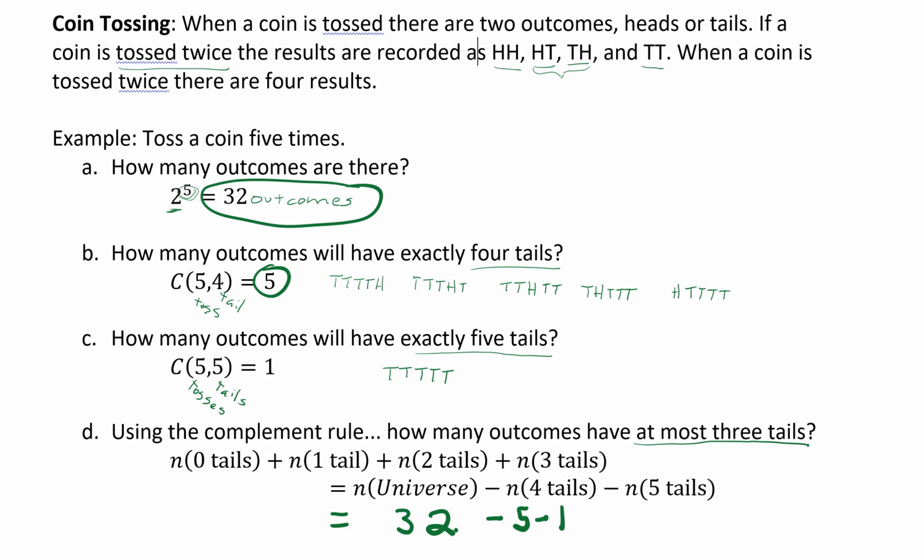If we do our arithmetic, 32 take away 5, take away 1, gives us an answer of 26. There are 26 ways to have at most 3 tails. So problems will frequently be set up in such a way that by the time you get to part B, C, or D, they build upon each other, and make sure that you're thinking of complement rules to make your work easier.